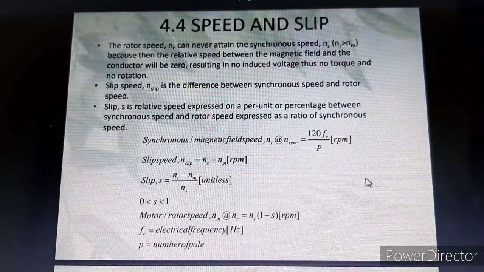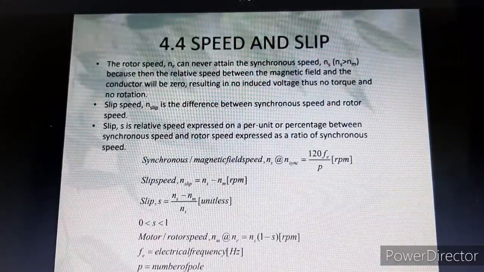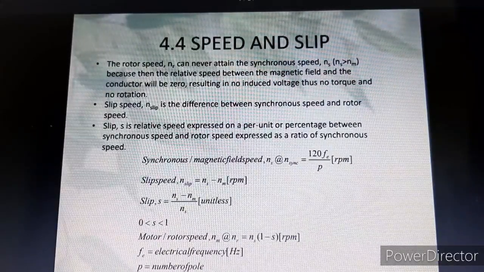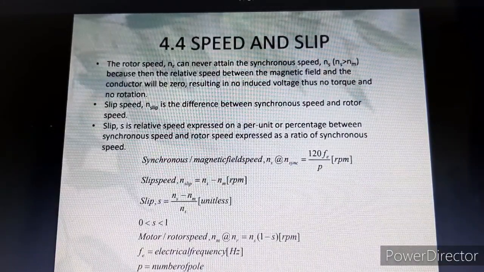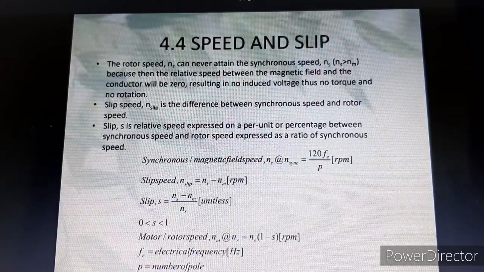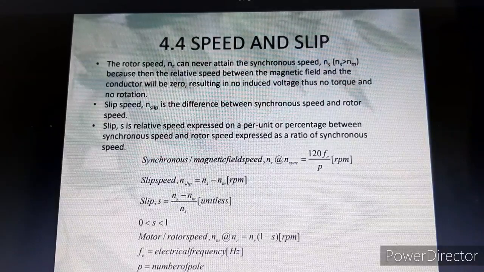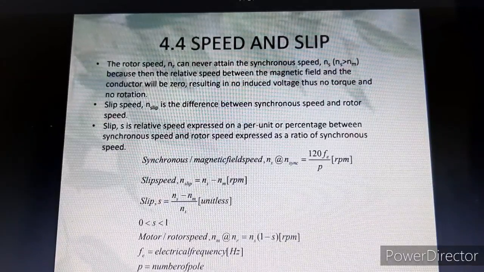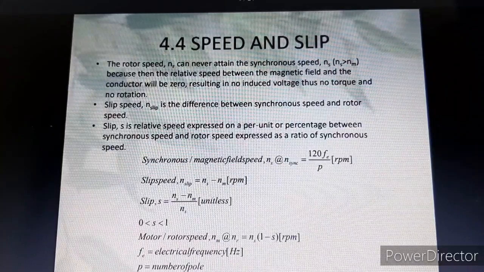Since we have so many speeds, it is better if we can clarify the types of speed in an induction motor. Number one, we go straight to the equation. Synchronous speed is also called magnetic field speed because it is actually the speed of the rotating magnetic field, and the symbol is either ns or nsync.